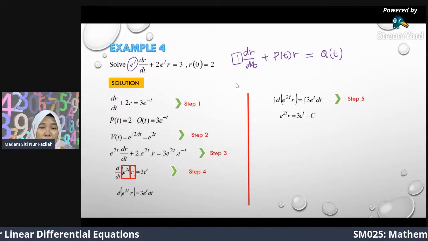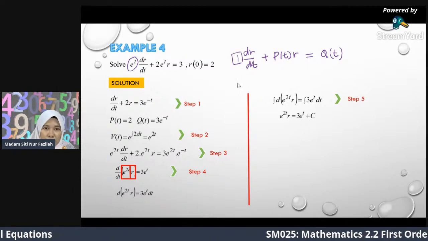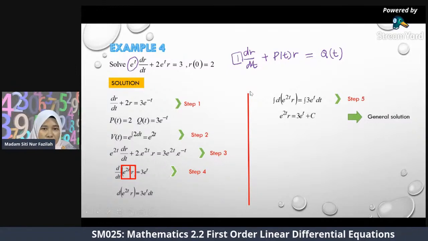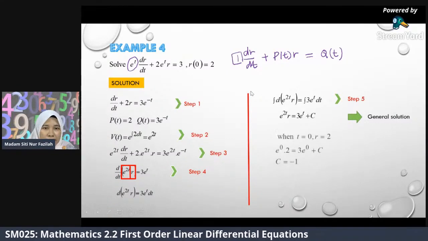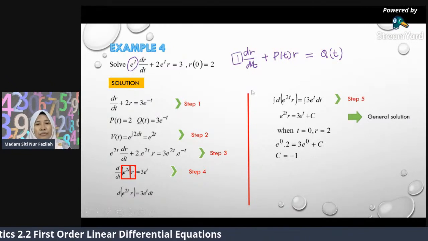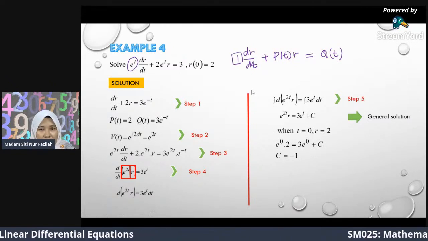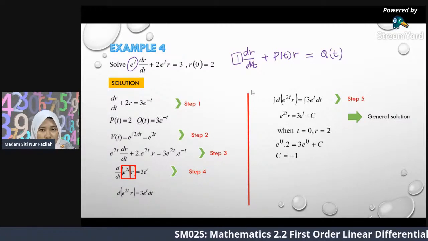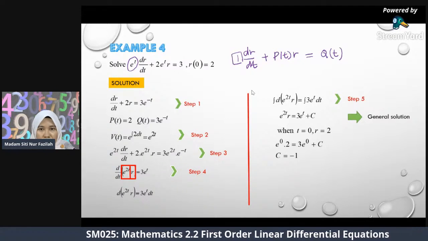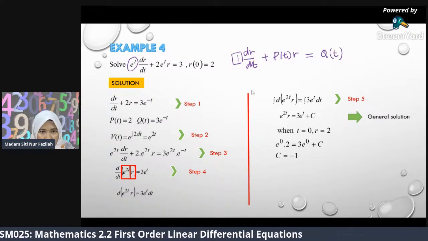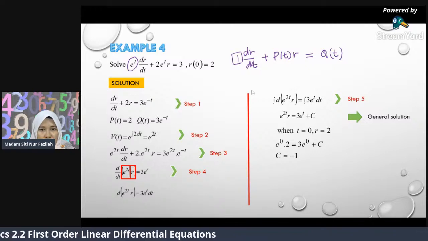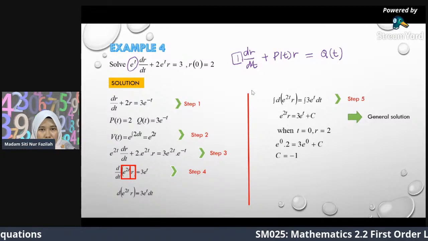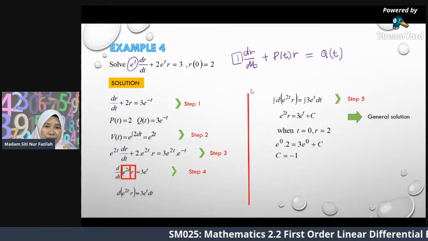We take this as the general solution, and then we substitute the values for r and t. When t = 0, r = 2, we substitute into the general solution. We can get the value for c is negative 1.